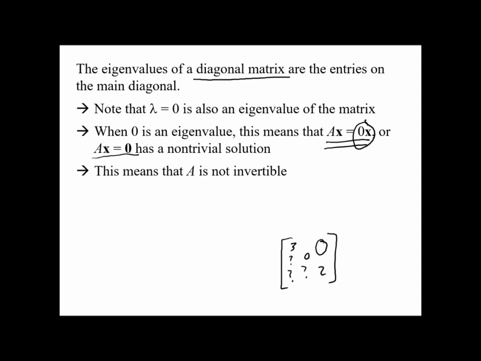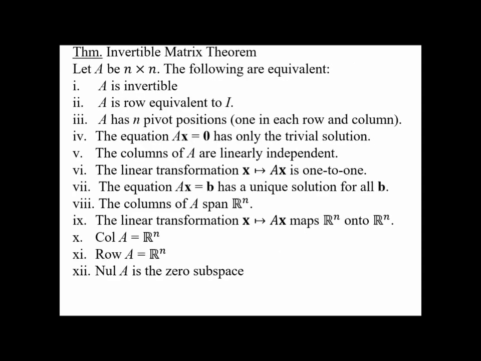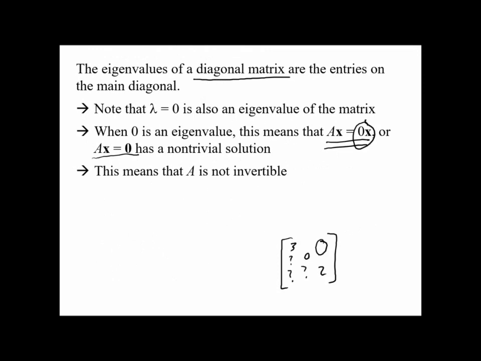Okay, we had that whole list of stuff. In fact, here's my list of stuff. The invertible matrix theorem. One of the things that it said was, if A is invertible, then this homogeneous equation has only the trivial solution. So, if this has a non-trivial solution, let me go back for a second.